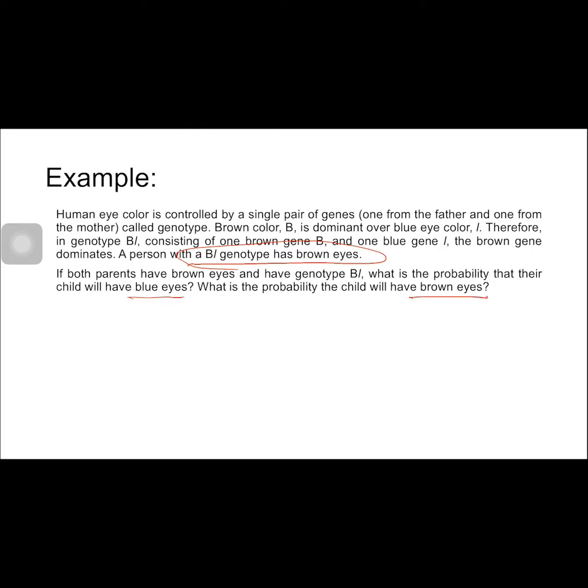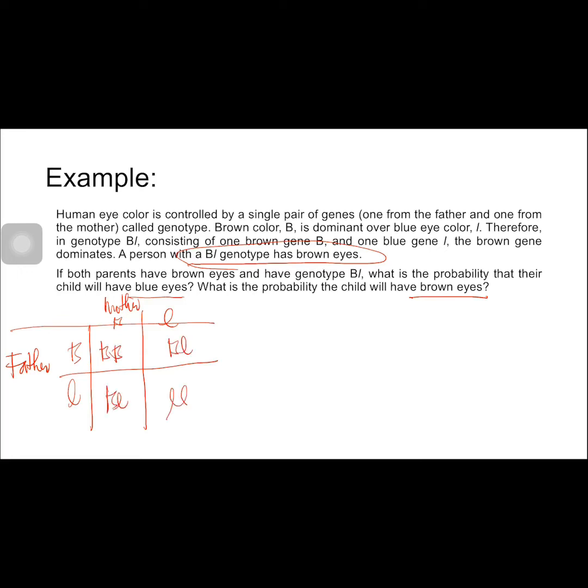Again, let us list down all possible outcomes. We have here the father that has BL genotype and the mother that also has BL genotype. Let us combine. We have here BB, BL, BL, and LL. So what is the probability that the child will have blue eyes?